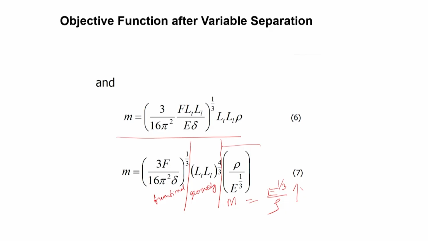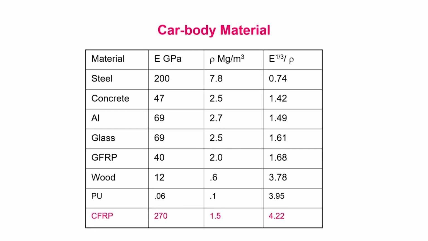Now, if I look at all the typical materials that we can utilize for car making, steel, concrete, aluminum, all of them, and check their E to the power 1/3 over rho, first thing you will see that CFRP is the best, and no wonder, that is why it is used for racing cars, I told you, but it is very, very expensive. So, what is the next best?